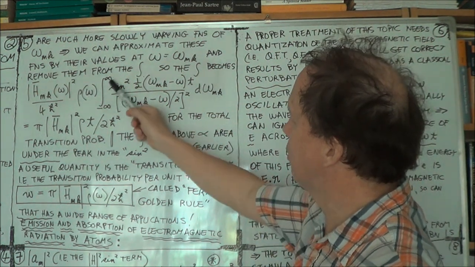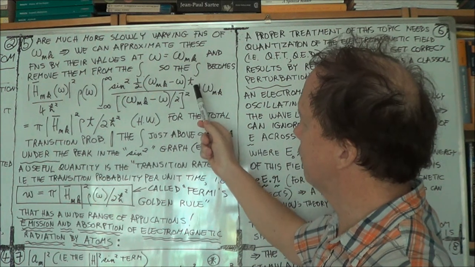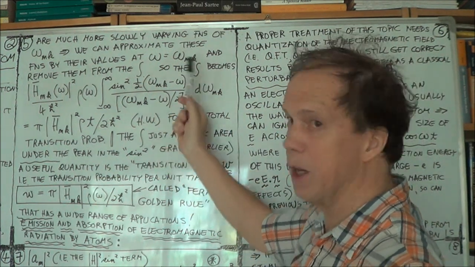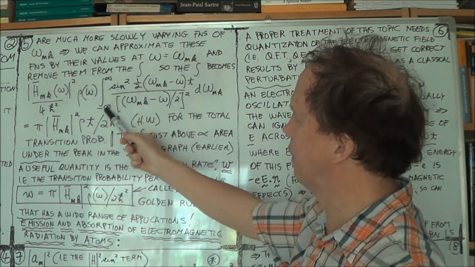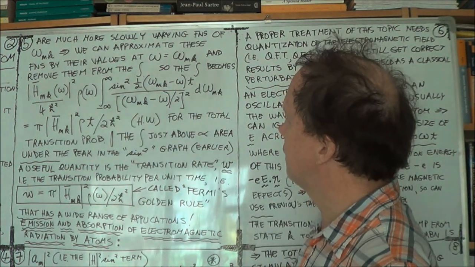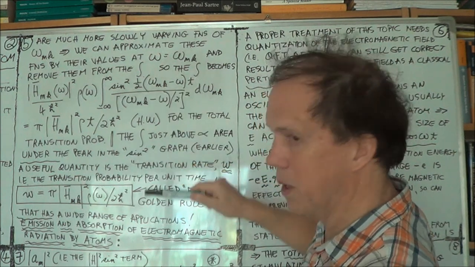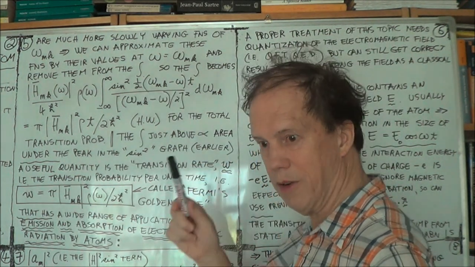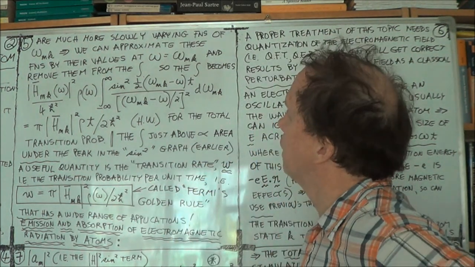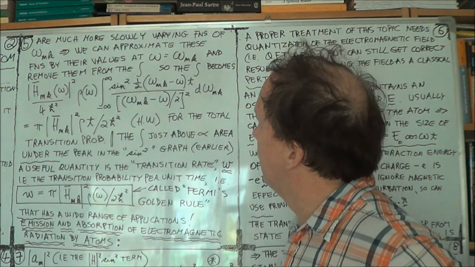Now, what is this? It's effectively the area under the peak, if you look at it. It's the area under the graph of your peak term, your A_m squared.